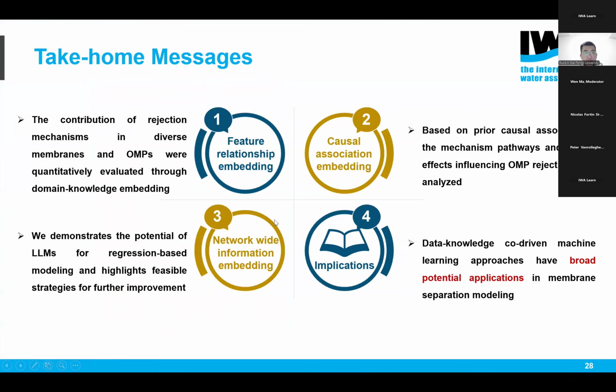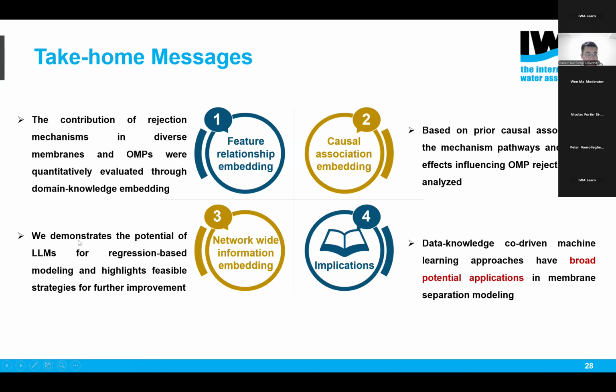So the take-home message is that we use different strategies to incorporate knowledge into the machine learning models, and the contribution of the rejection mechanisms in diverse membranes and macro protein rejections can be quantified via the knowledge embedding. And also, we can use the previous causal associations and double machine learning to obtain the contributions of the different pathways and to guide us to design novel membranes or novel membrane processes.